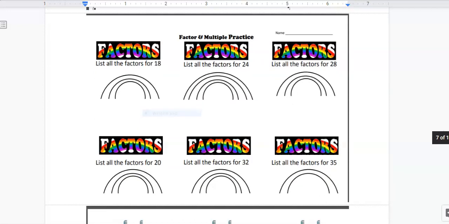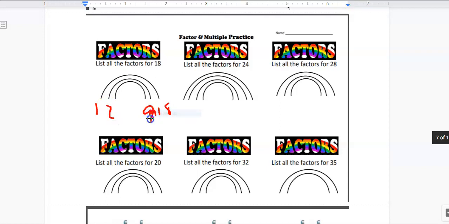All right, now here is like a factor rainbow, and we have done factor fireworks before too. You can think of it either way you want to. So if we were going to think of the factors of 18, well, we're going to start with 1 and 18, right? 1 and 18 would go on the outsides. Then the next number would be 2 and 9, right?